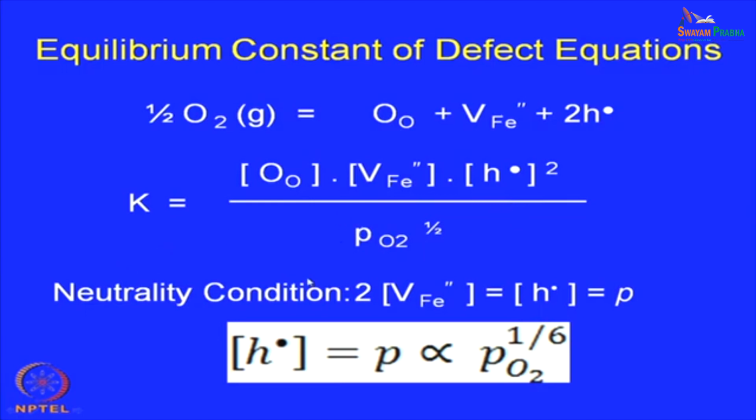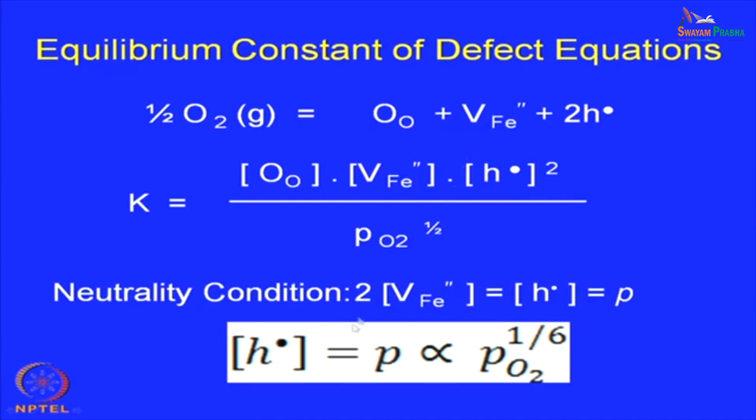And the neutrality condition here is that from this equation itself you will find for each iron vacancy you are generating 2 holes. So, the concentration of holes is double that of this, okay, that is what is written. The concentration of the holes is twice that of this.